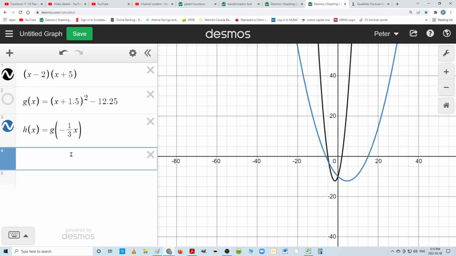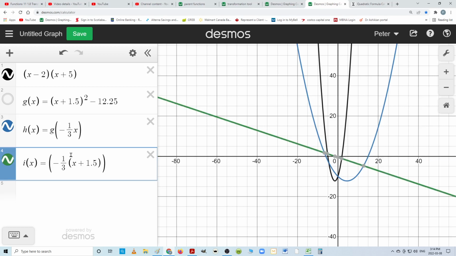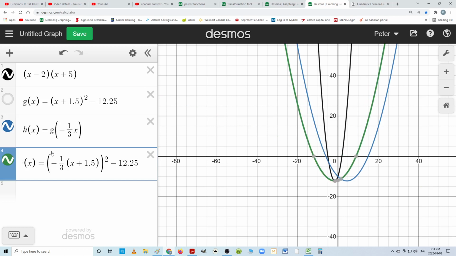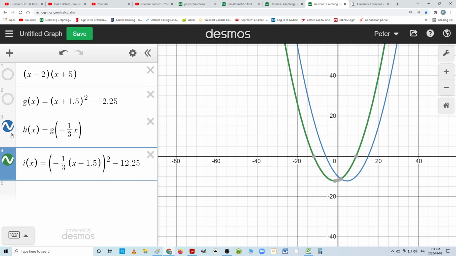Now, how would I put that into the actual equation? Here's what the actual equation would look like. I would just take the same equation, put a negative a third in front of it, put x plus 1.5, square that, and then minus 12.25. And my blue and my, oh, I got it wrong.